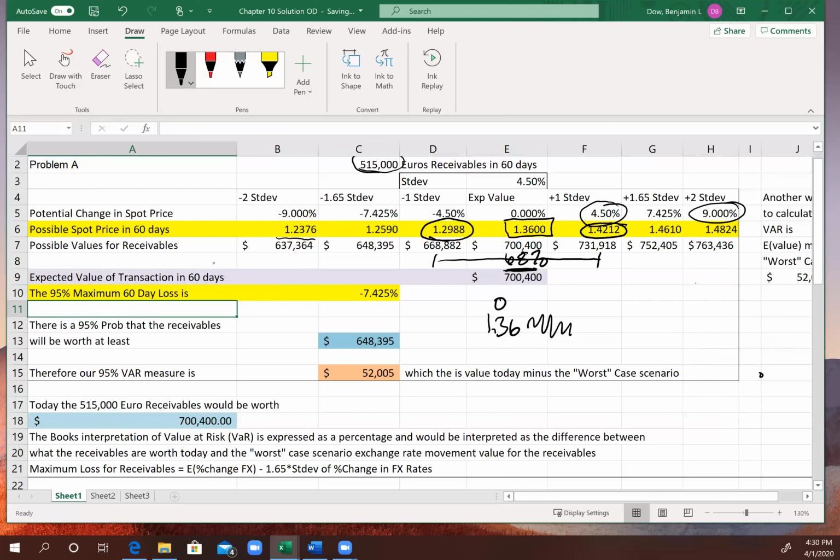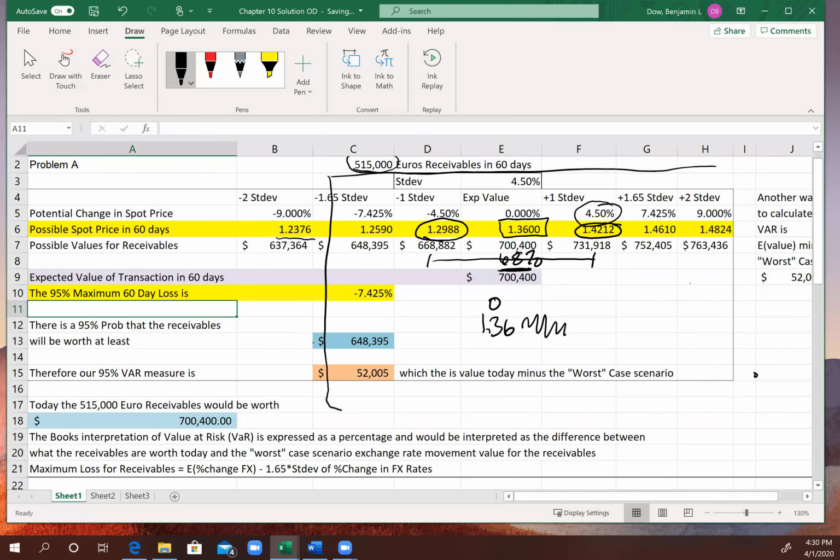So if you want to be 95% certain on a one-sided tail, then you only need to go out 1.65 standard deviations. So the 1.65 standard deviations basically says, if our standard deviation is 4.5, what's 1.65 of those standard deviations equal to?